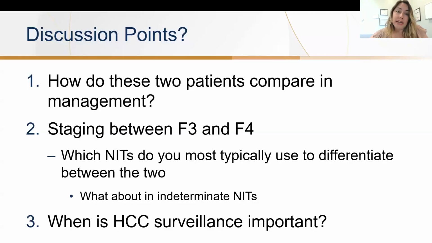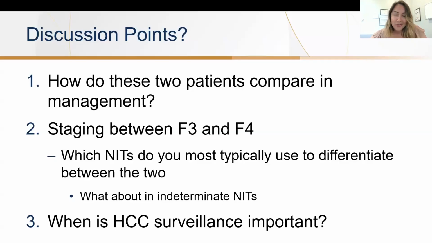So again, the difference in management here is our patient with advanced F3 fibrosis would be a candidate for Resmetirom, whereas the gentleman with cirrhosis would not. And for me, between the non-invasive tests, the liver stiffness measurement on the FibroScan tends to be the most important. The caveat being your patients that have pretty extreme central abdomen adiposity, sometimes that increased skin to liver capsule distance can falsely increase and elevate that LSM.